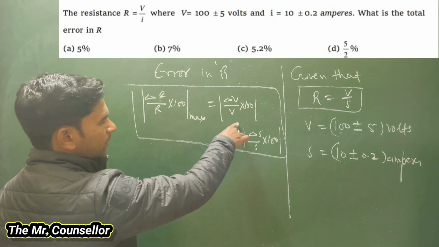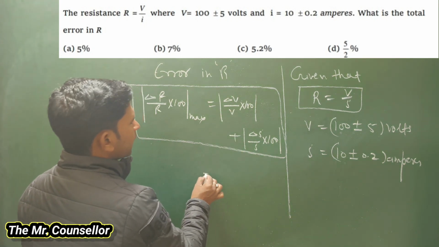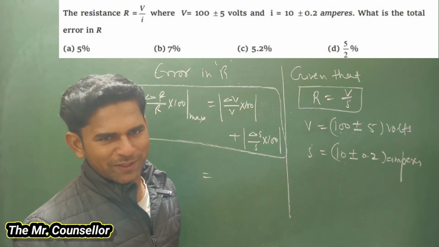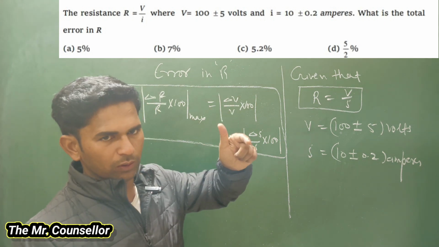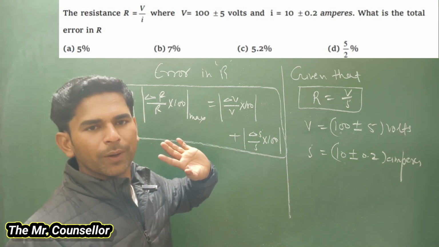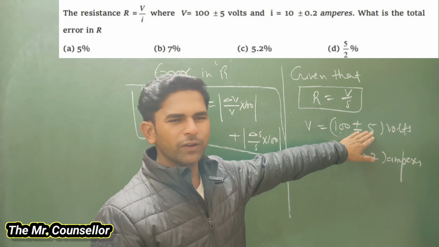So you need to write it in this form. You know very well, here we have two types of measurement. First, there is a del. Del means the small value, and V means the complete value. So the complete value is 100 and the small value is 5.